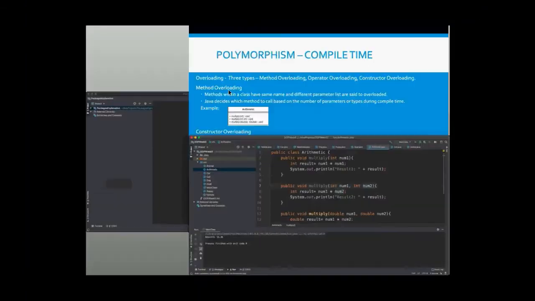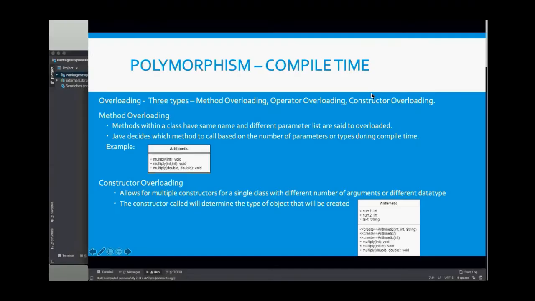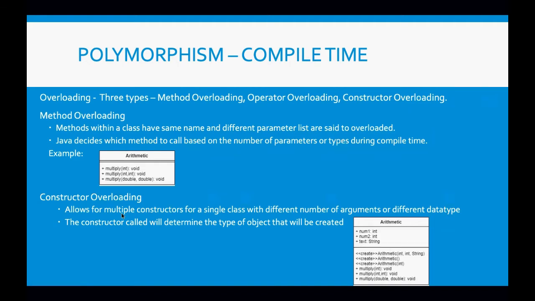The second type of overloading is constructor overloading, and this allows for multiple constructors in a single class for objects with different number of data types or arguments. So if you've got a class, this arithmetic class, we can create different arithmetic objects based on how we want it to look.